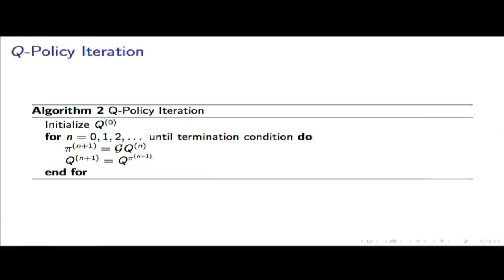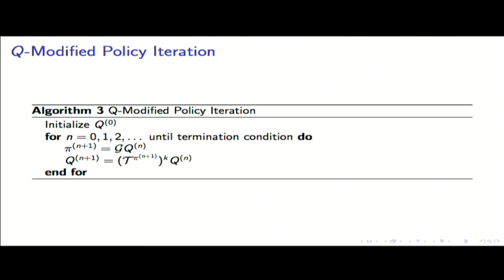And then after we update the policy, we take that policy pi n plus 1, and we compute the Q function for that policy. To compute this Q function, we would have to solve some linear system of equations. That gives us our new Q function, and then we continue the iterations. And remember that this converges to the optimal policy and optimal Q function in a finite number of iterations.